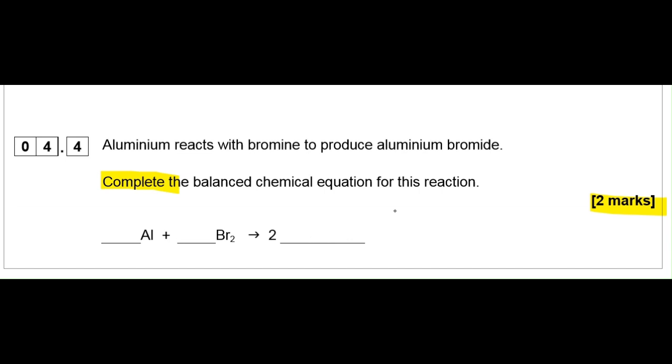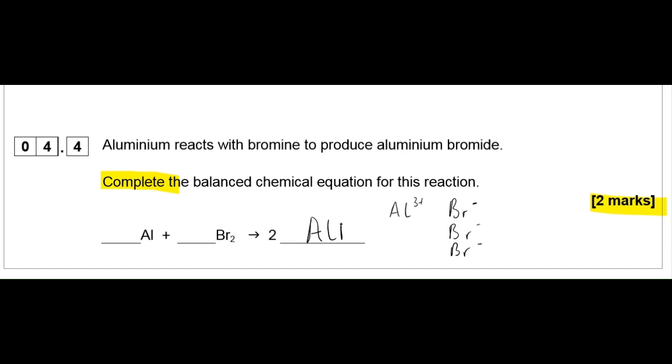If you don't, aluminium is a 3+ ion, a positive ion. Bromine is a Br 1-. So remember, in a compound like aluminium bromide, there can be no overall charge. So to cancel those aluminium 3+s, we must have 3- from the bromine. So this is going to give us the formula AlBr3.